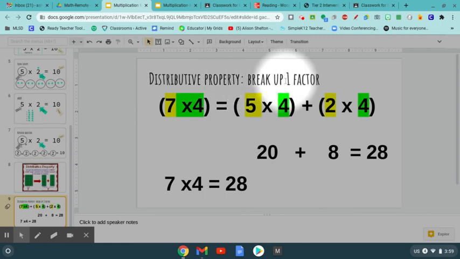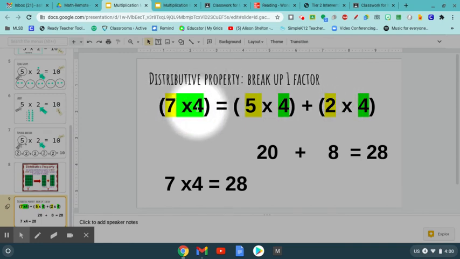Remember, when you're doing this break apart, you are only breaking apart one number. So here's our equation, 7 times 4. I broke it apart this time differently. The 7 is the number I'm breaking apart. I broke it into a 5 and a 2 because I'm really good at 5's and 2's.